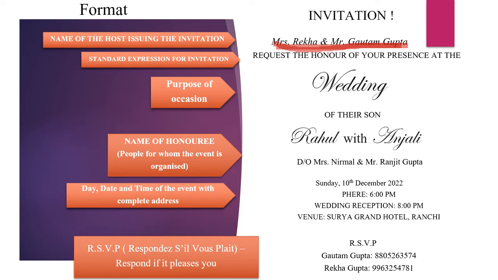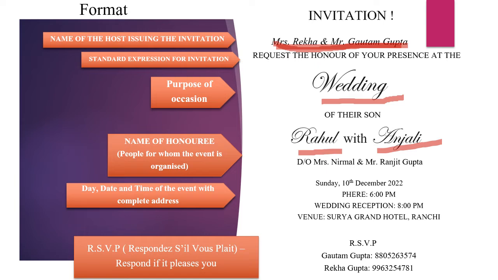Okay, now the third thing that you have to remember is you have to write the purpose of inviting the people. Why are you inviting the people? So you have to write down the purpose. Here the purpose is a wedding. Okay, and whose wedding? The wedding is of Rahul with Anjali. So first is the name of the host, then the standard expression for invitation, then the purpose of the occasion.